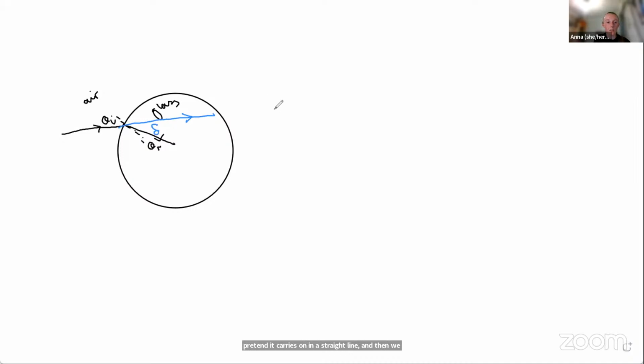So first we can use Snell's law, sine of 4.58 is equal to, have we been told? This glass is 1.54. And then sine of the angle of refraction. So from this, we can work out that the angle of refraction is 2.97 degrees.